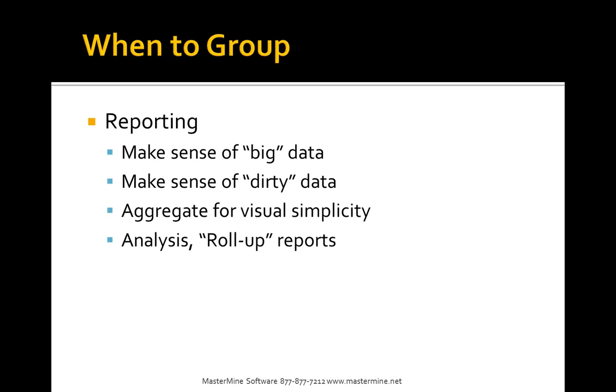So somebody mistyped the word prospect in the database. You still want it to show up with all the other prospects in the report. You don't want it to disappear because you selected specifically prospect. Well, this is a way of pulling that stuff that's approximately the same all together, so that you're not missing things.